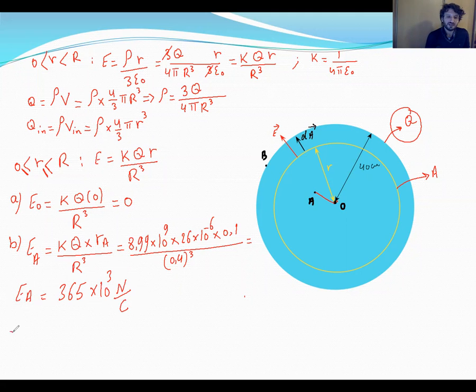Okay, C, I want to calculate E at the point B. B also, we can use the same formula, by putting the value of rB, because also rB is between R and 0. So we can use this one.